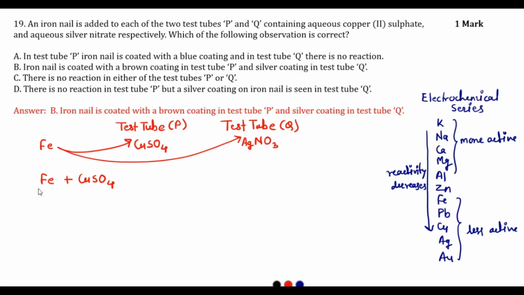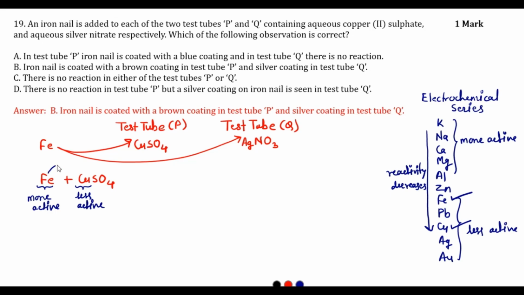Here we have to compare iron with copper, because these are metals. If you compare iron and copper in the series, iron is above and copper is below. So which is more active? Iron is more active and copper is less active. When these come in contact with each other, because iron is more active, iron will replace the copper when added to copper sulfate.